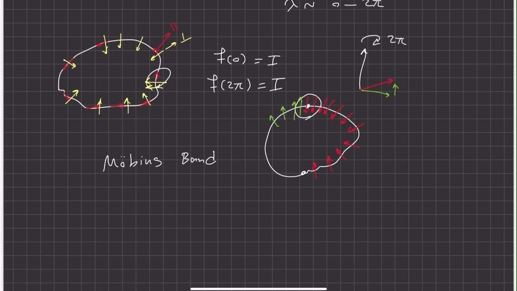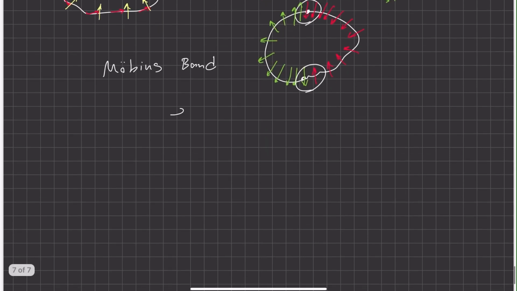So now I'm going to have this type of transformation. When I come back to the original point, after 2 pi, I just ended up in the opposite direction. So again, f of 0 is equal to unitary, but f of 2 pi is equal to minus unitary.